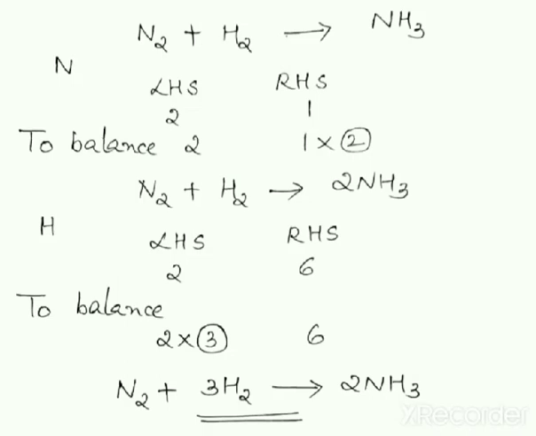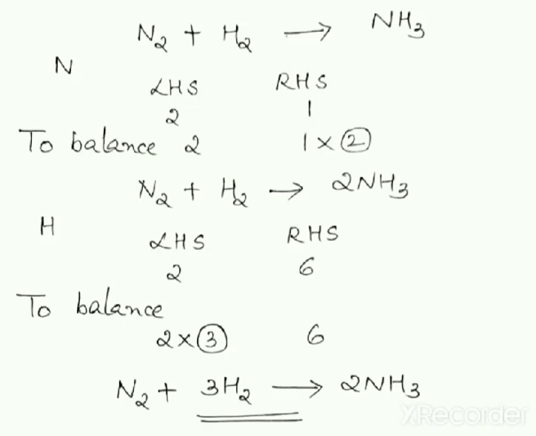On the left hand side 2 atoms are present, and on the right hand side 1 atom of nitrogen is present with ammonia. Now how can you balance it? To balance, the RHS 1 should be multiplied by 2. So we get the equation as N2 plus H2 gives 2NH3.